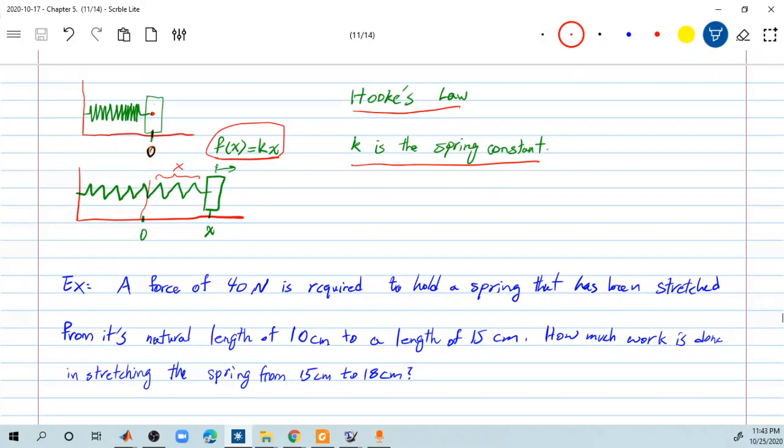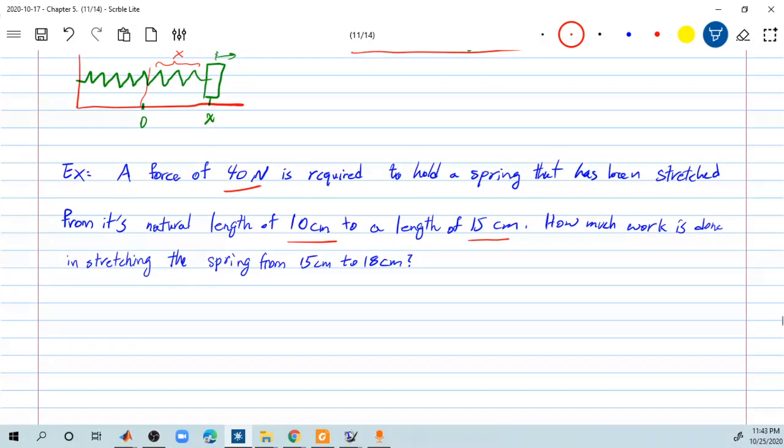So here's an example. A force of 40 Newtons is required to hold a spring that has been stretched from its natural length of 10 centimeters to a length of 15 centimeters. Let me draw a picture. Let's say this is the natural position at 0.